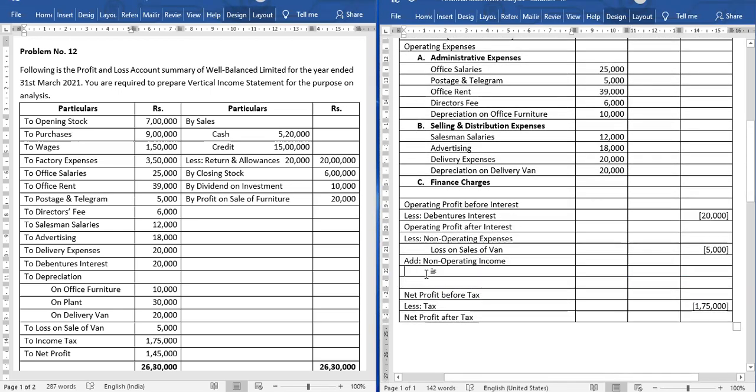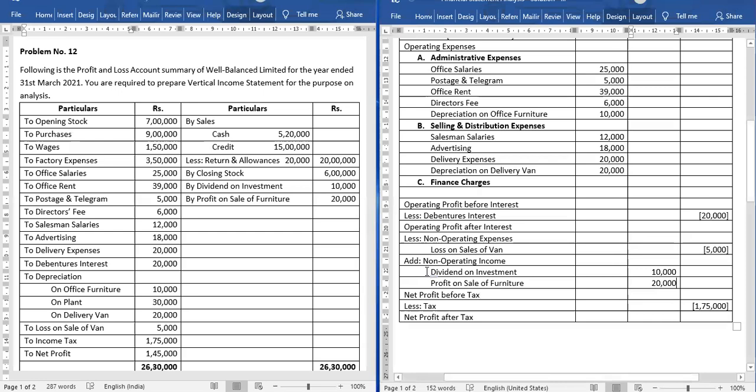Here, dividend on investment. How much? 10,000. The next is profit on sale of furniture, 20,000.